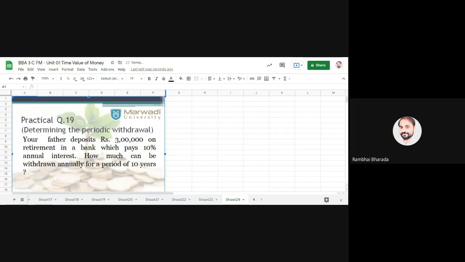Read the question carefully. You have only 1 minute to identify the type of question. Whether we need to use a future value of a single amount, present value of a single amount, future value of annuity, or a present value of annuity. Okay, please quickly write your answer. We don't have that much time.